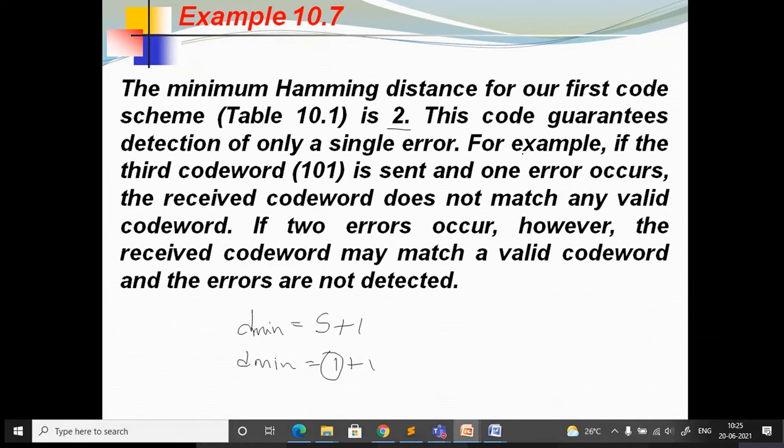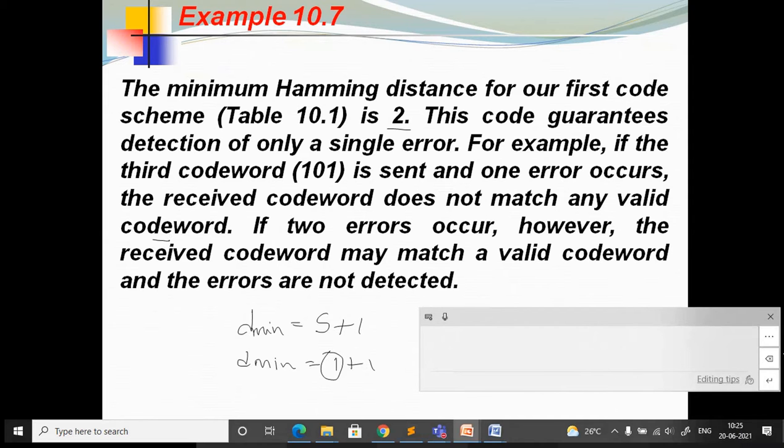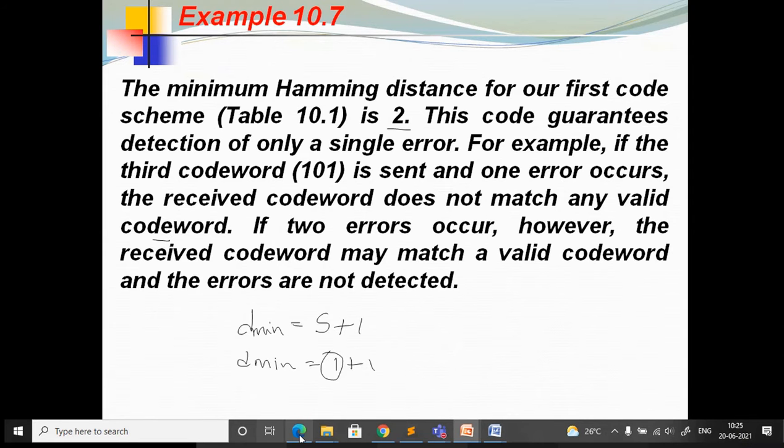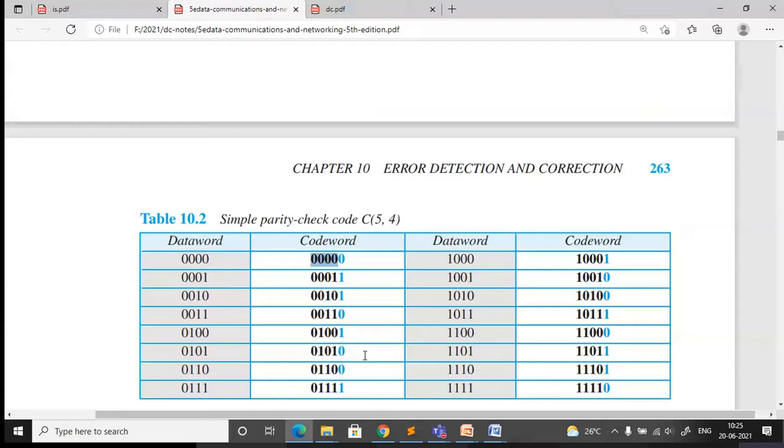For example, if the third code word 101 is sent and one error occurs, the received code word does not match any valid code word. Did you get this from table 1? That case study is very, very important.